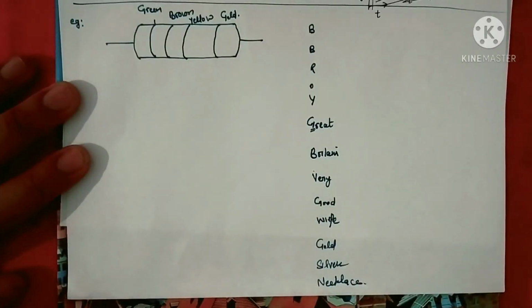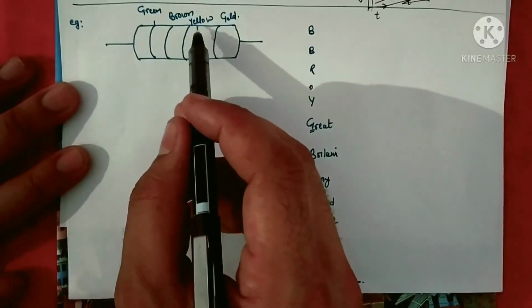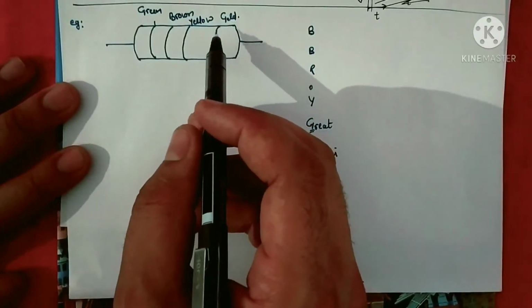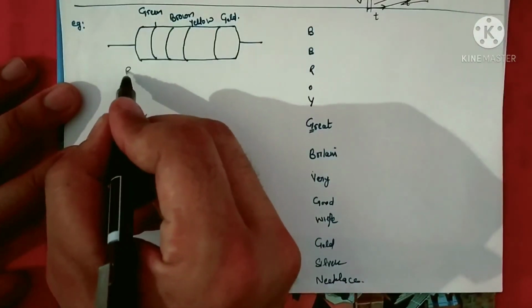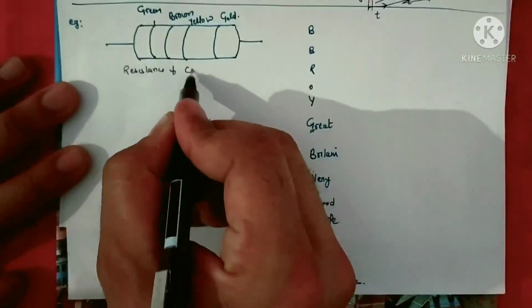Now students, we have this numerical where we have a carbon resistor and there are 4 bands of the color green, brown, yellow and gold, and we have to find out the resistance of this carbon resistor.